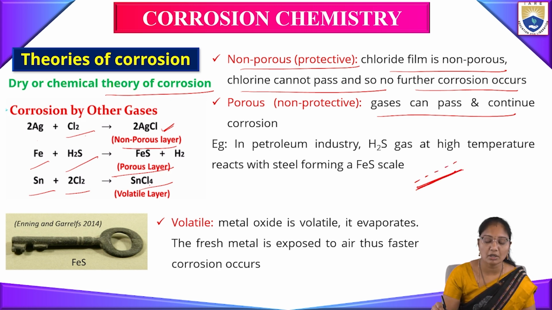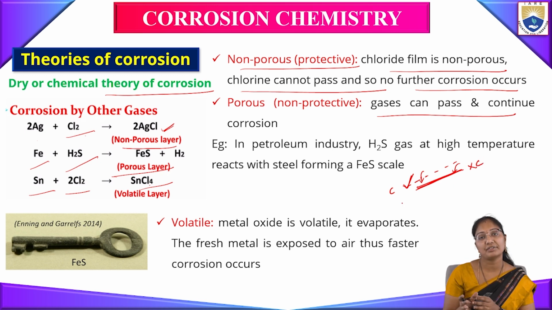When it is non-porous, it won't allow the gas to pass through, so there won't be any corrosion. If it is a porous layer, it allows the gas to pass through, then the corrosion occurs. So this is the difference between the porous and non-porous layer.